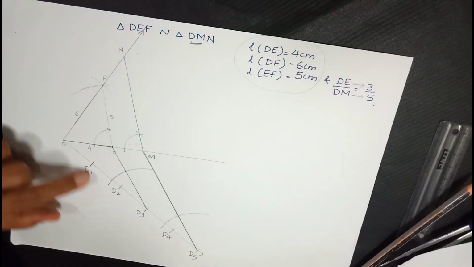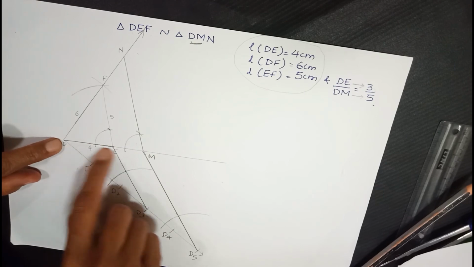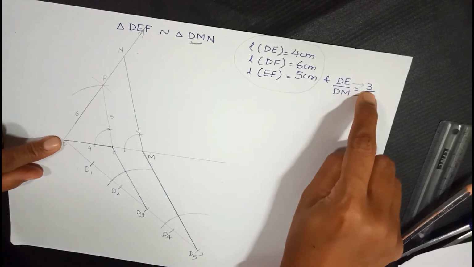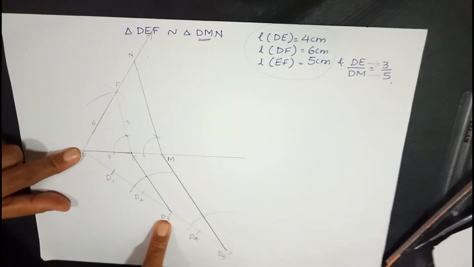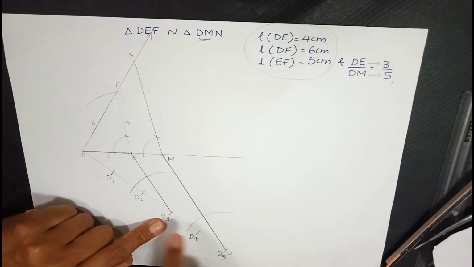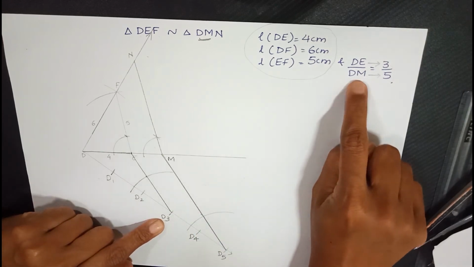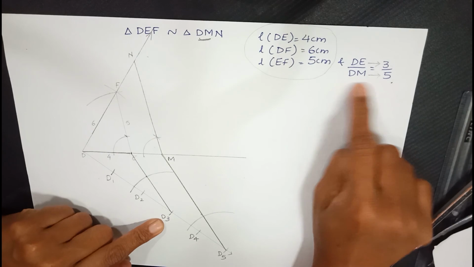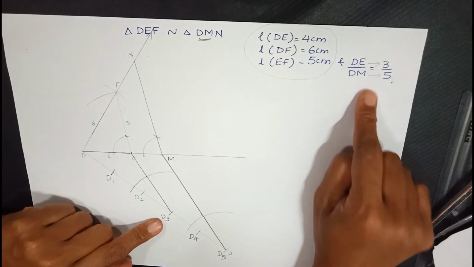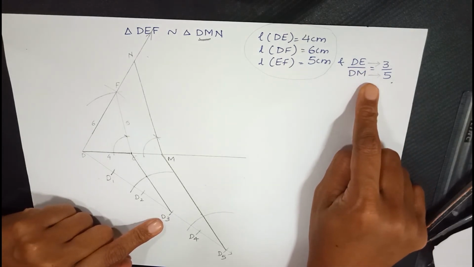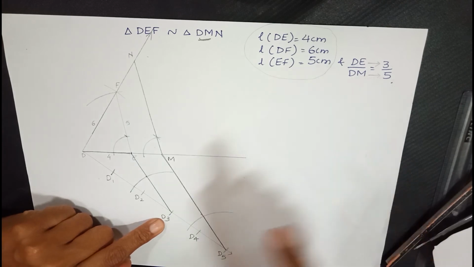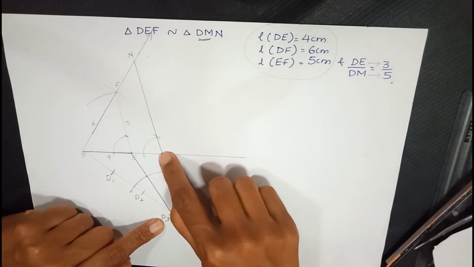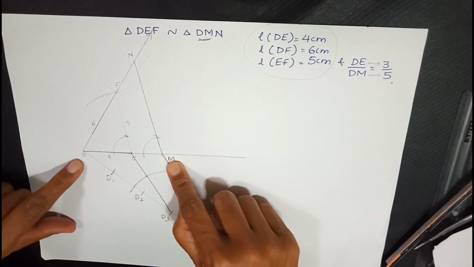Now in this case, DE, which was the earlier base that we had made, was just 3 parts. That is why it was connected to 3 parts. And the second triangle, DM, is 5 parts. It clearly indicates that the second triangle that we have to make here will be bigger than the first triangle. That is why from the 5th part, whichever line we get will give you the vertex M.